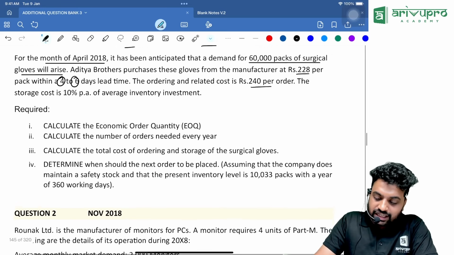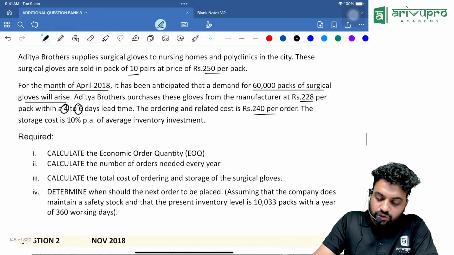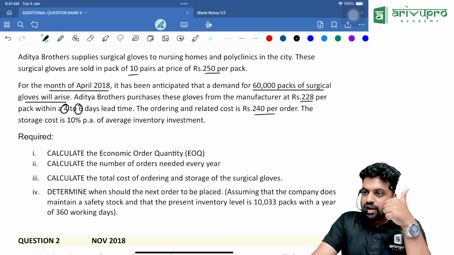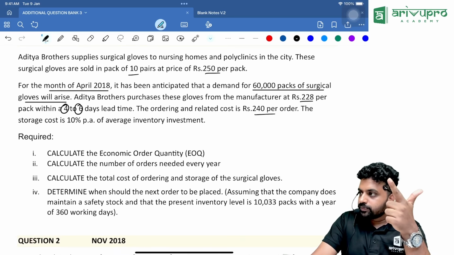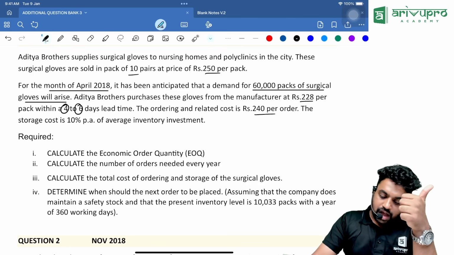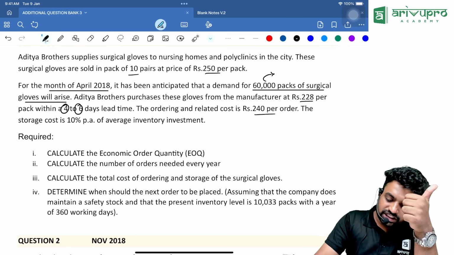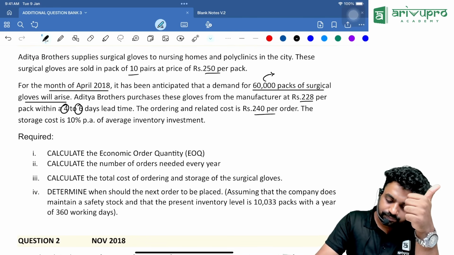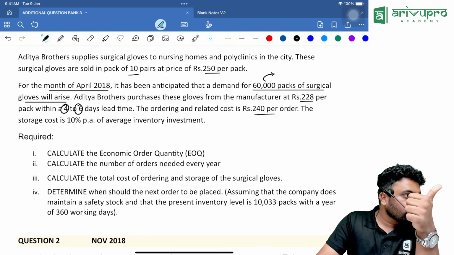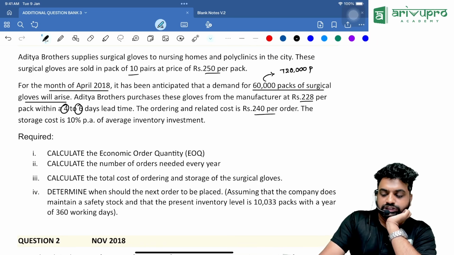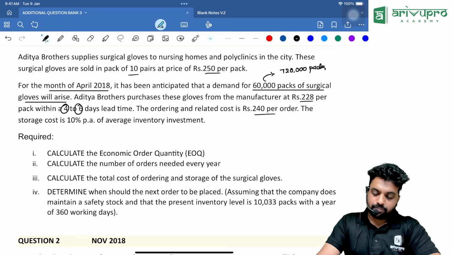Calculate the EOQ. For EOQ, you need three pieces of information. One is annual requirement. Two, ordering cost. Three, carrying cost. Annual requirement you can find out: 60,000 for the month of April, which means for a year it should be 7,20,000 packs.